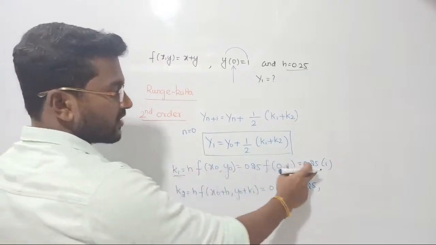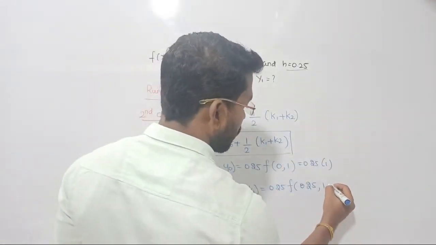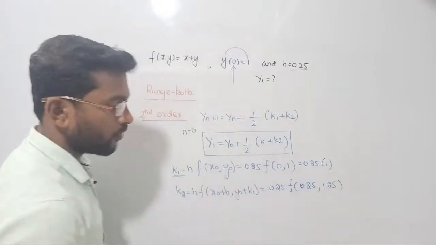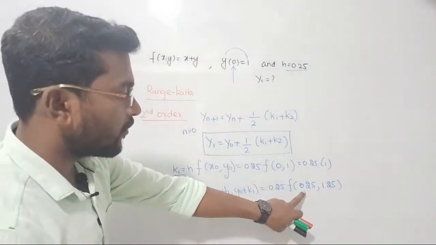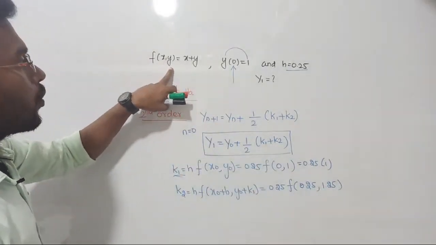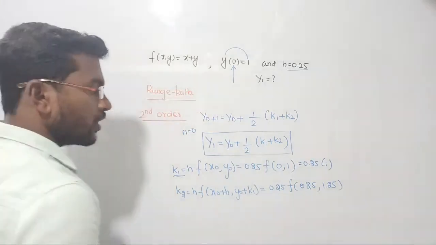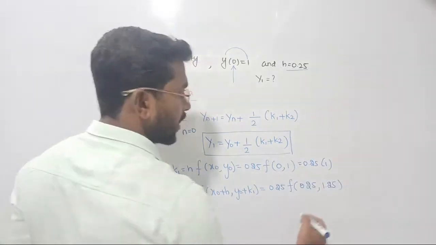So 1 plus 0.25 becomes 1.25. Substituting into f of x comma y, x is 0.25 and y is 1.25, so 1.25 plus 0.25 becomes 1.5, and I can directly replace this whole function by 1.5.